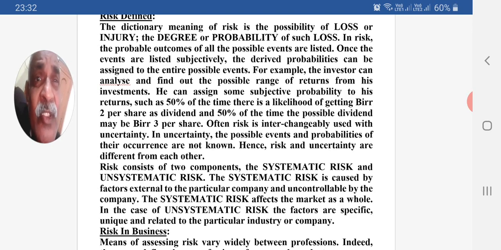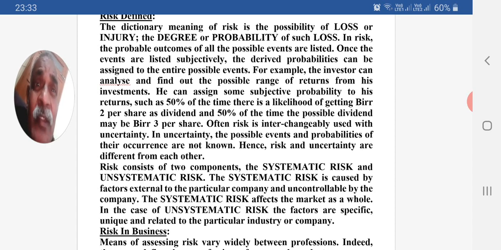Then what about unsystematic risk? Unsystematic risk is the factors which are specific and unique, related to the particular industry or company. Like, suppose ABC company has a labor unrest. But ABC company's labor unrest will not affect the labor unrest of XYZ company.